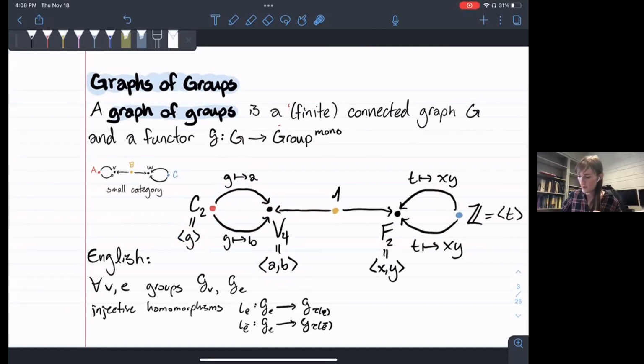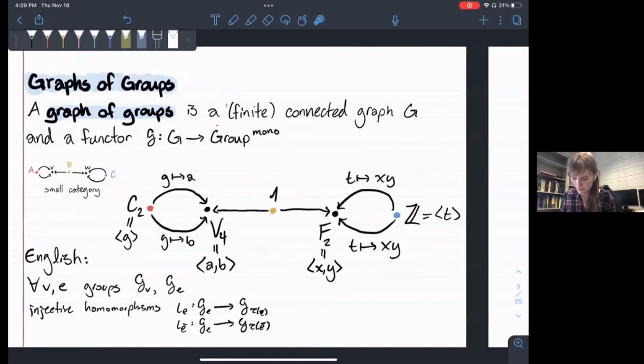And then for my other edge, I'm saying the generator of Z is T, and I'm setting T to XY both times, for both of my homomorphisms. So that's allowed. I can have different homomorphisms or the same one if I have a loop. Okay, great. So that's a graph of groups. Again, hopefully this is somewhat review.